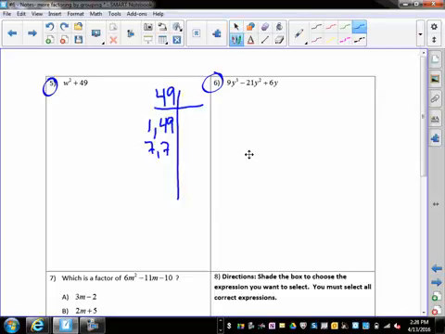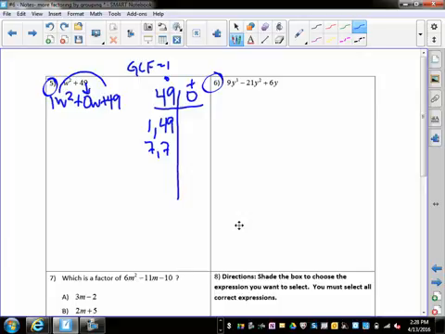Okay, so when we rewrite this, we have w squared plus 0w plus 49. My GCF is only 1. We want what multiplies to 49 and adds to 0. We said our only options are 1 and 49, and 7 and 7.